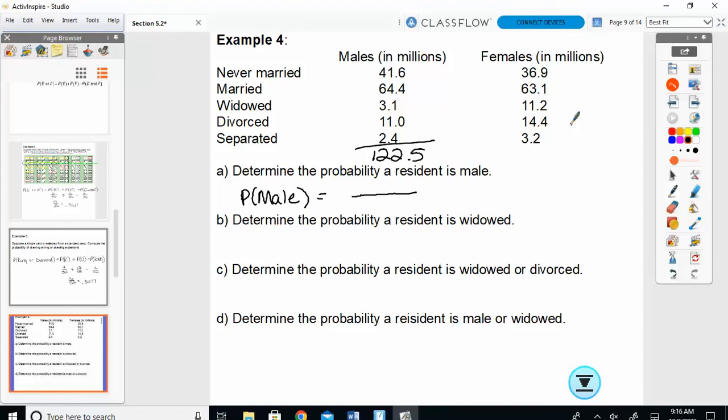The total of everybody. So I'm going to add up the females too. So all together, this has a total of 251.3. So my males, we do all the males divided by everyone.